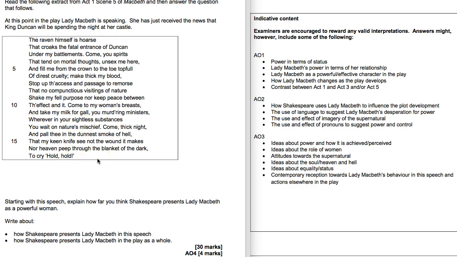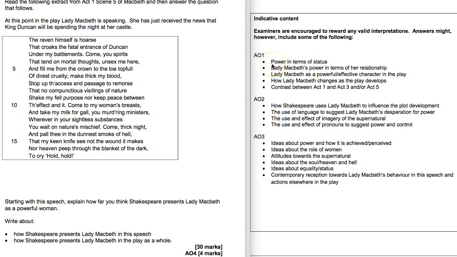What I train you to do is to start off with a thesis. In other words, what is Shakespeare's view of power? Well, I can use the indicative content to find out what the examiner thinks I should say.